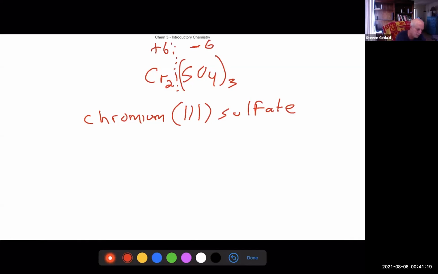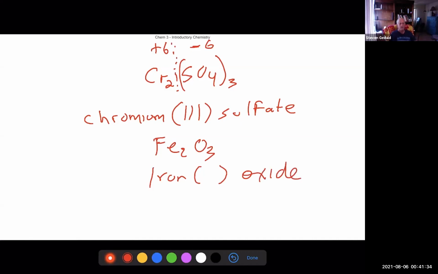Let's do one more. Let's do Fe2O3. So it's iron, a transition metal, and then oxide. Okay. Now most students are going to put a 2 in there because there's a 2 sitting right here. And they'd be wrong.